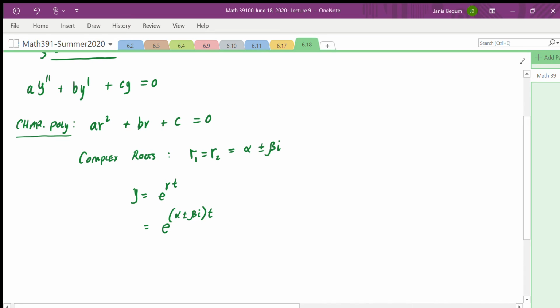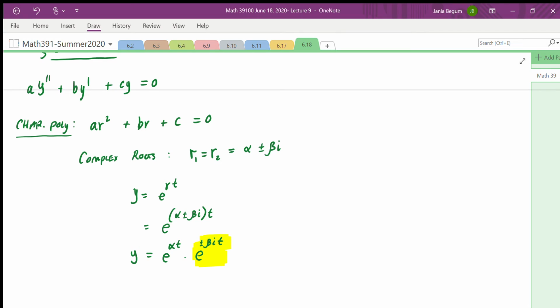If I were to rewrite using laws of exponents, we have e to the alpha t times e to the plus and minus beta i t. Now the idea here is to simplify the portion that contains the complex number i, and this is when we want to use Euler's identity.